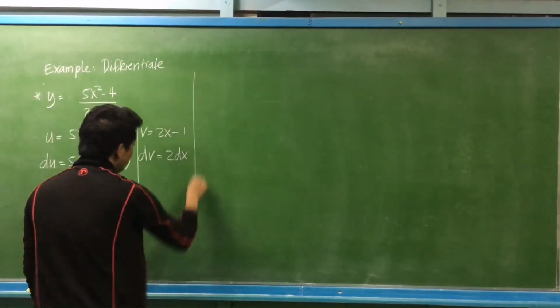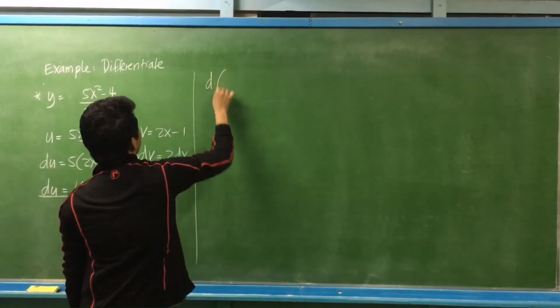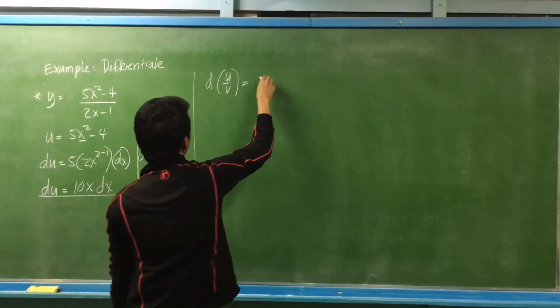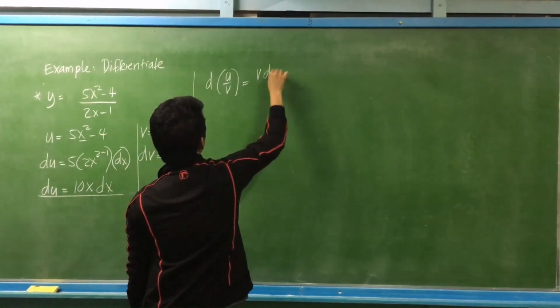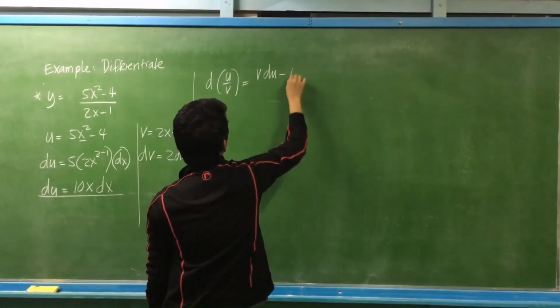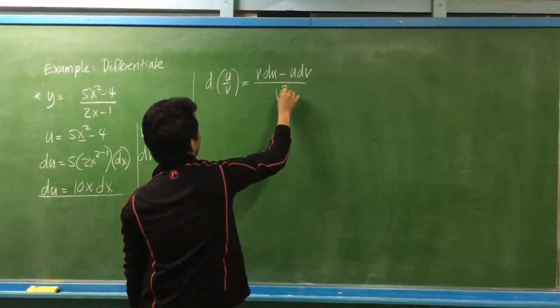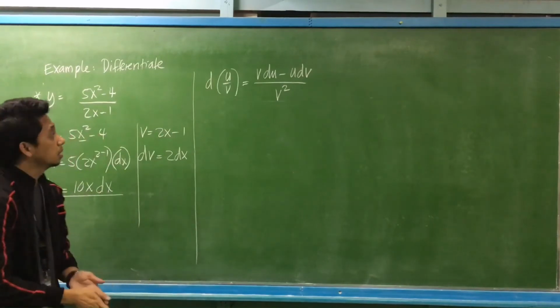Now if we are to apply the derivative of a quotient, it is equal to the denominator times the derivative of the numerator, minus the numerator times the derivative of the denominator, divided by the denominator squared. Let us just apply.